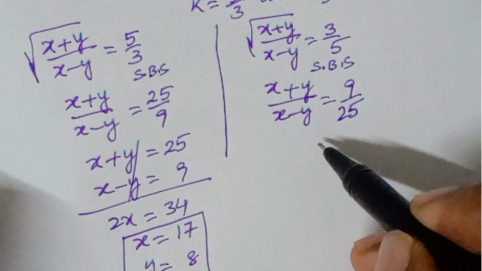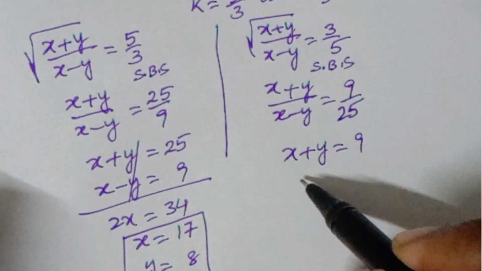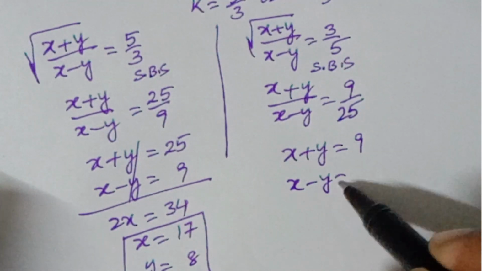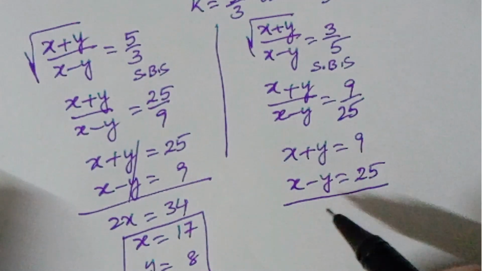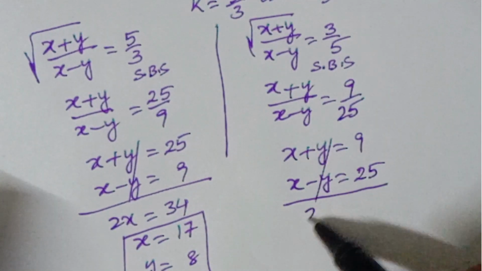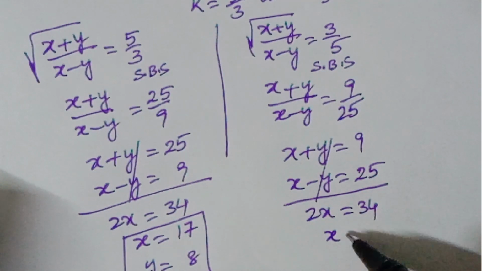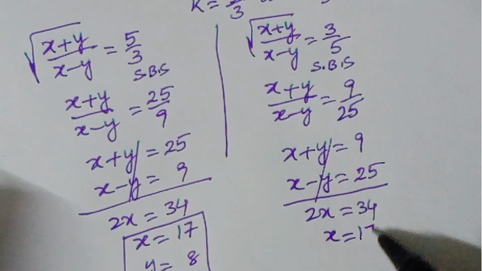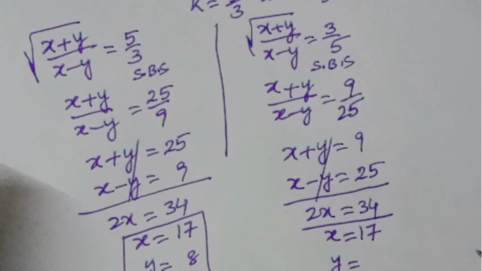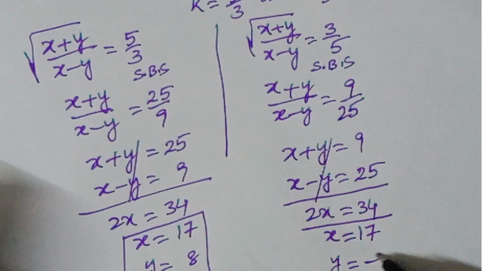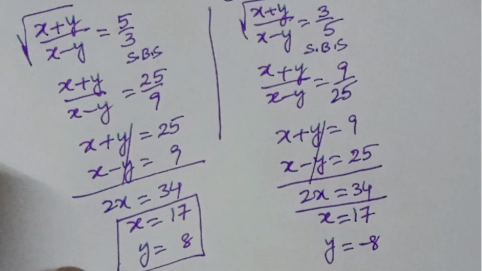So here if you solve this, x plus y is equal to 9, x minus y is equal to 25. So here 2x is equal to 34, x is equal to 17, but y value will be minus 8. So 17 minus 8 will get 9.